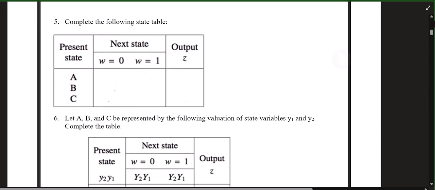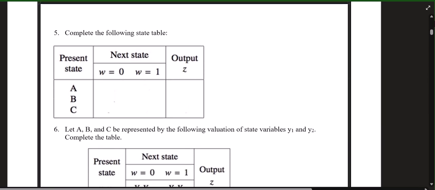You might have to look back at what we had. So this is our state table. The thing we did a minute ago was the state diagram. This is the state table.